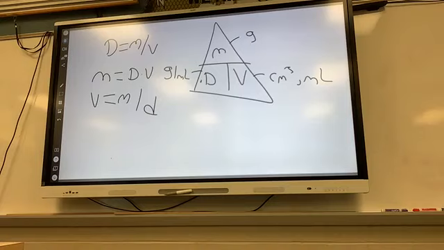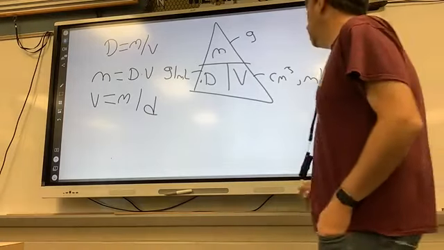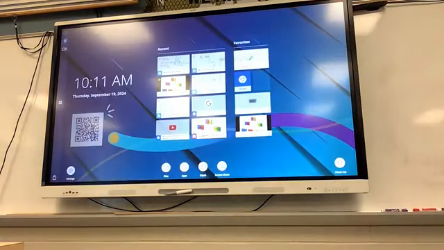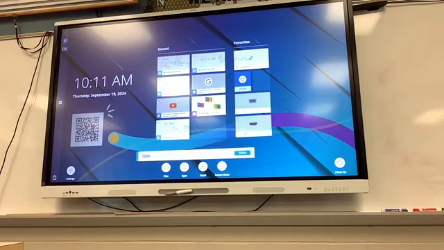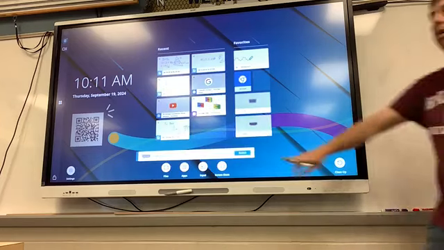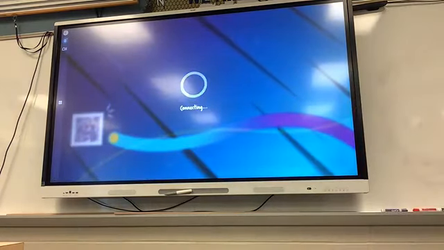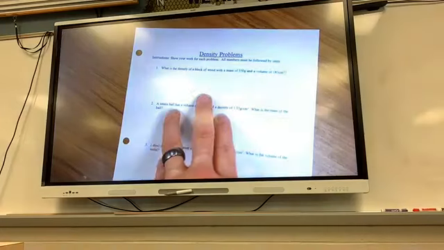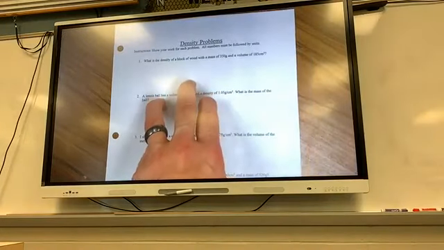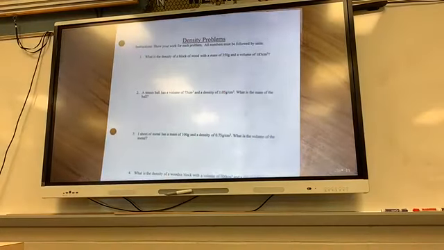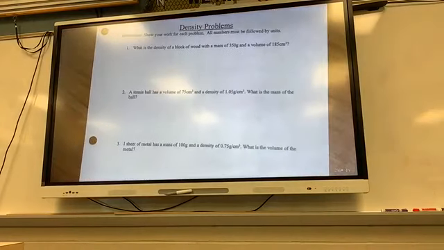So let's take a look at a couple density problems. Let's look at number 1 on this sheet. Can somebody read number 1 out loud for us? Lyra's got it. What is the density of a block of wood with a mass of 350 grams and a volume of 185 centimeters cubed?